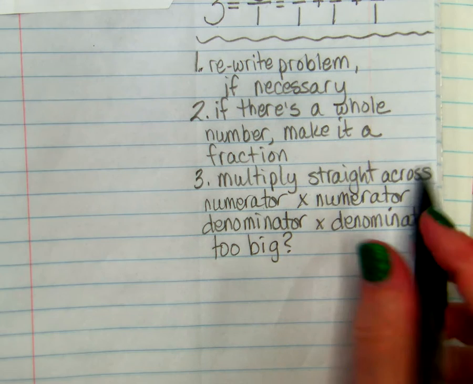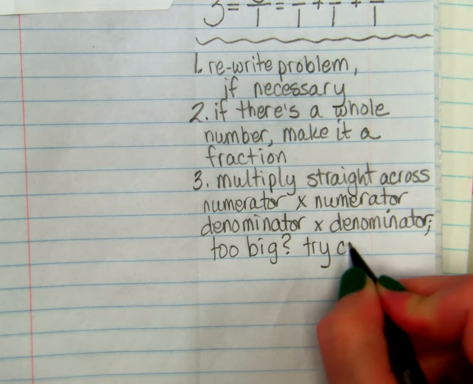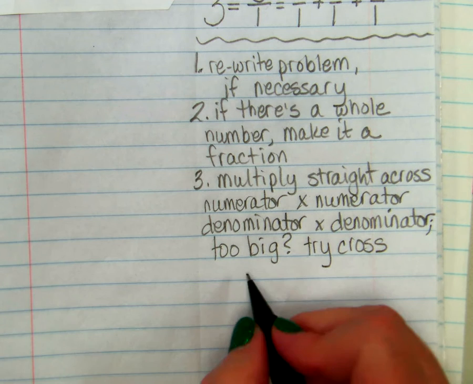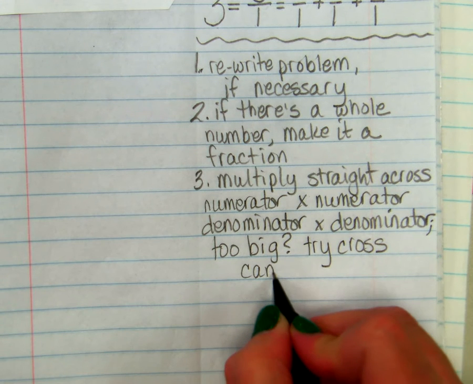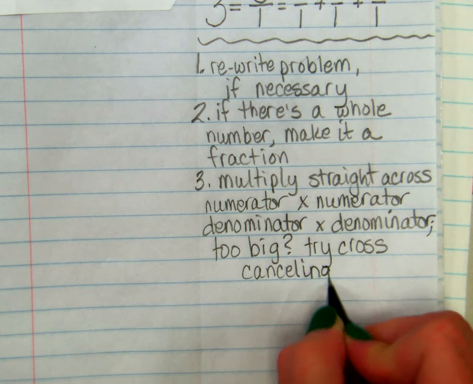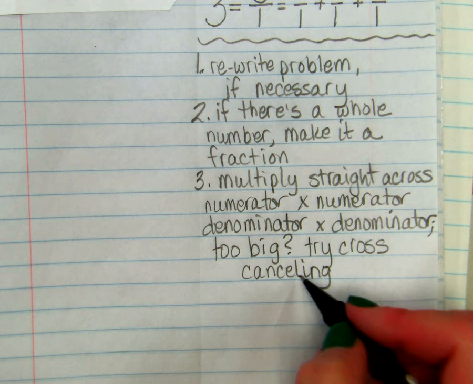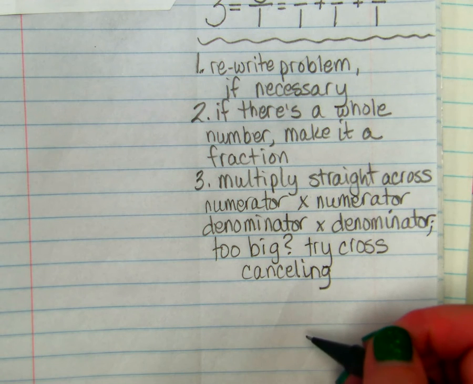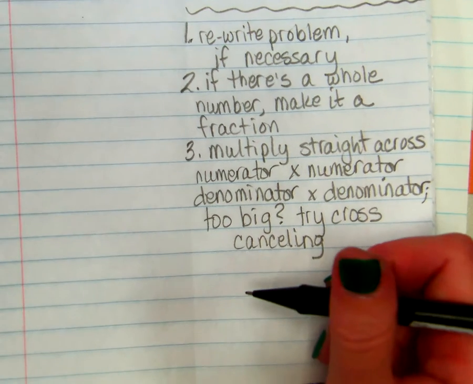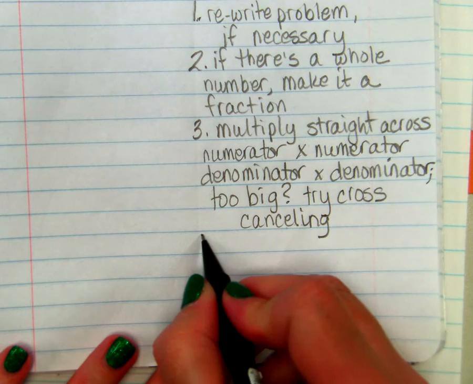Well, if it is, try cross-canceling. Somebody needs to look this up and tell me if I need 2 L's right there. But right now, I'm sticking with 1. Okay? Let's plug forward. All right? And I'm going to show you how to cross-cancel in just a minute.